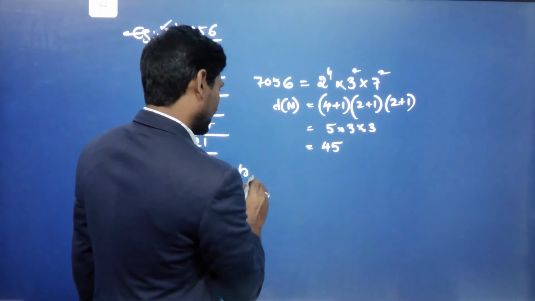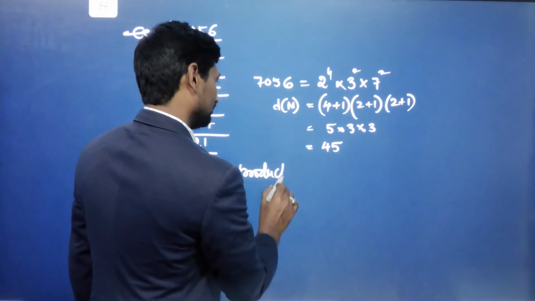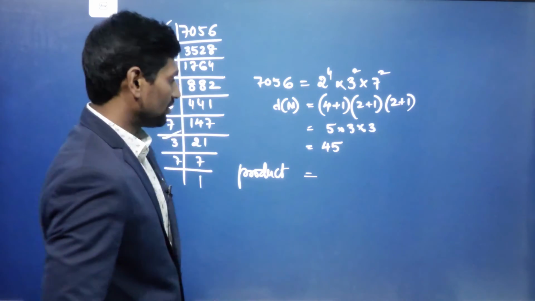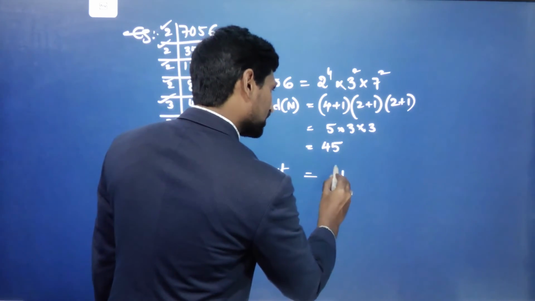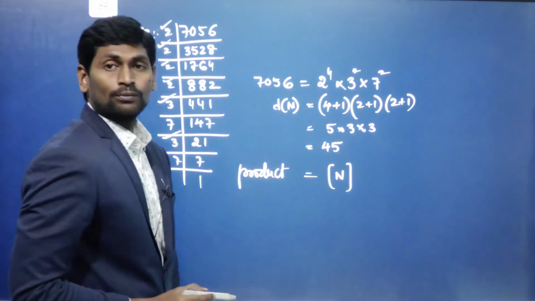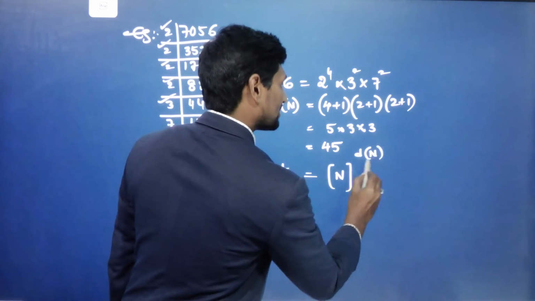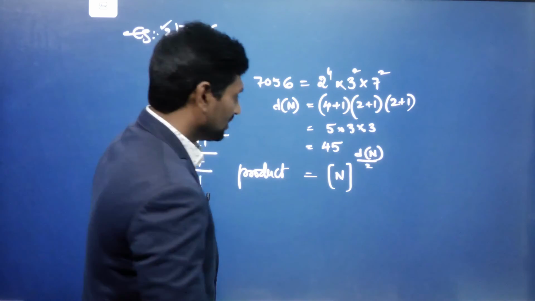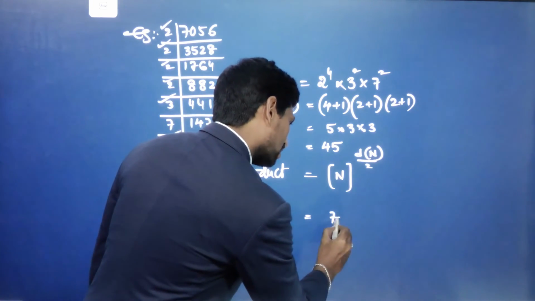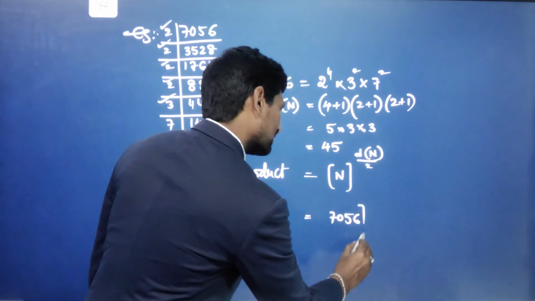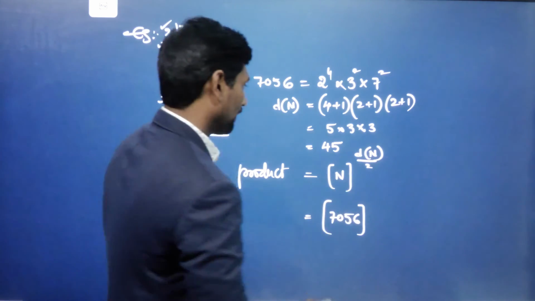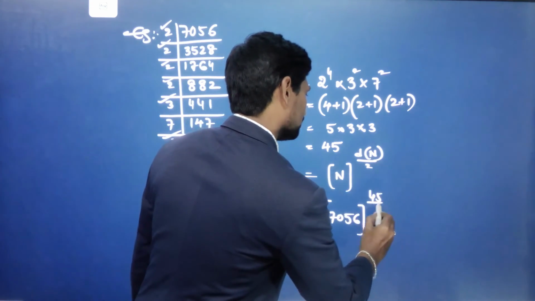Now let us find the product. What is the formula for the product of the divisors of a composite number? The composite number whole to the power of half of the number of divisors. Substitute: 7056 whole to the power of 45 by 2.